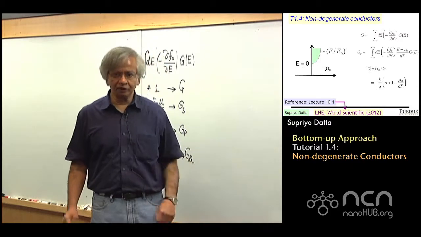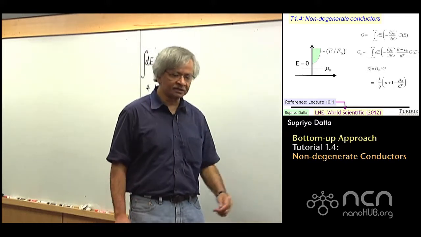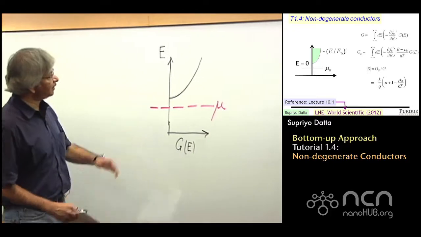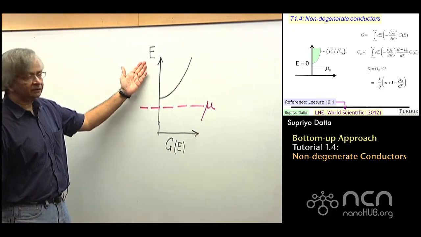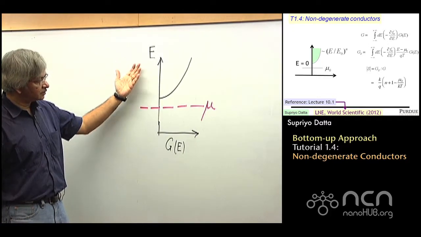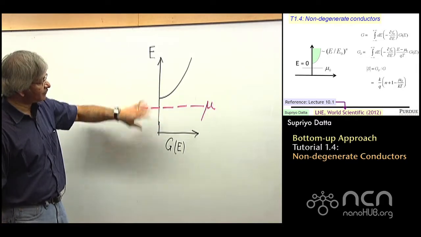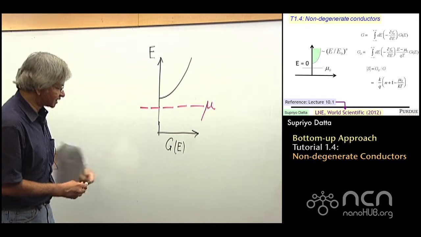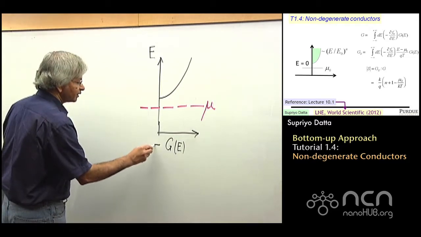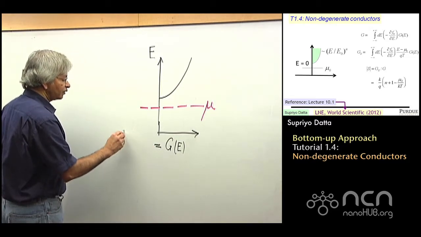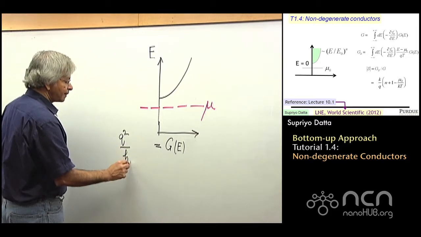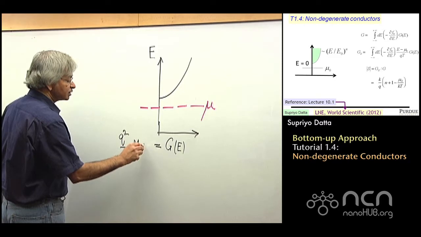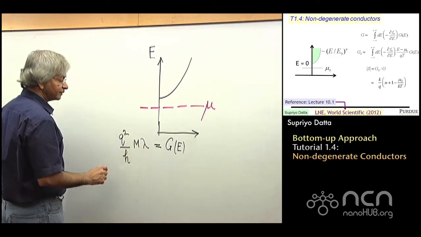Now, in this tutorial or this homework, what we want to talk about is a more practical example that you often run into. Namely, consider a typical semiconductor where you have a certain conductance function, which, as we have discussed, can be written as q squared over h, that's the quantum of conductance, times the number of modes times the mean free path.